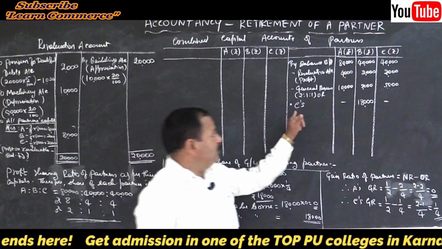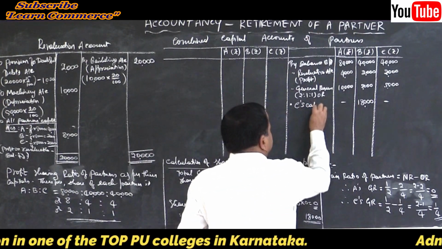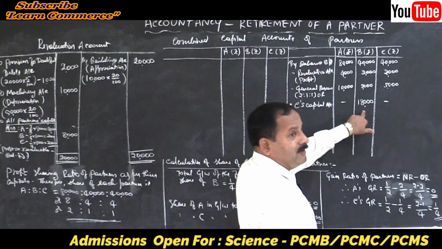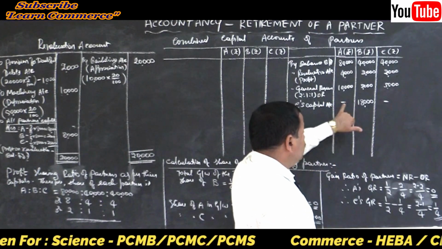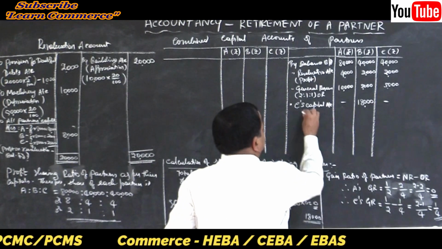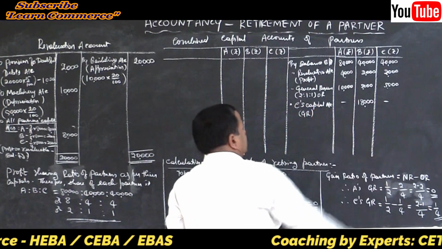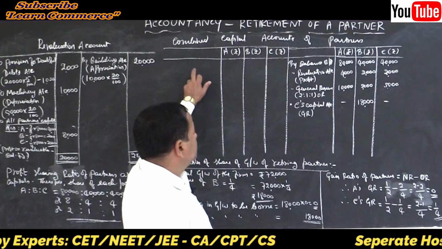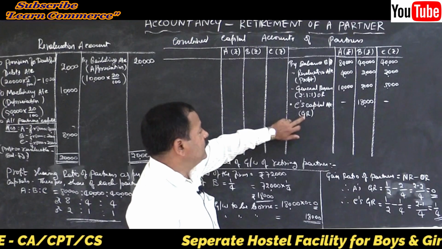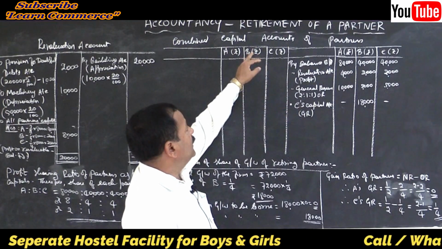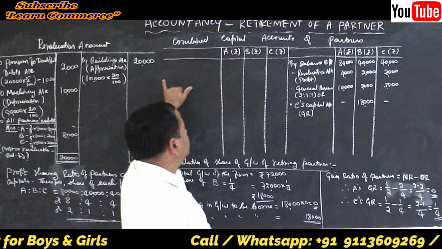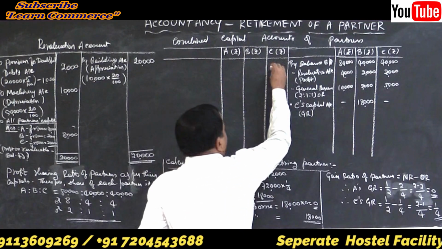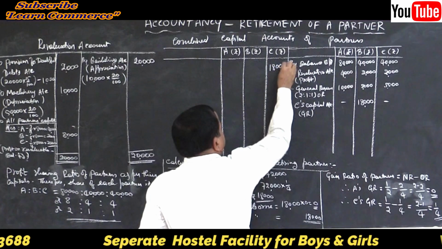Otherwise, what happens? Entry will come in the continuing partners' capital accounts, both the continuing partners. Here there is no gain ratio, so pass the opposite entry here: Chandru's capital account debtor to Bhimu's capital account, 18,000.